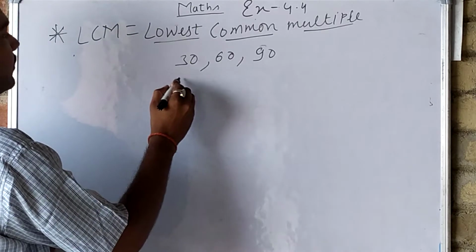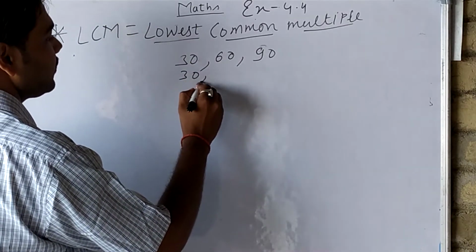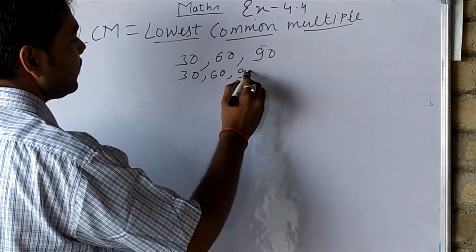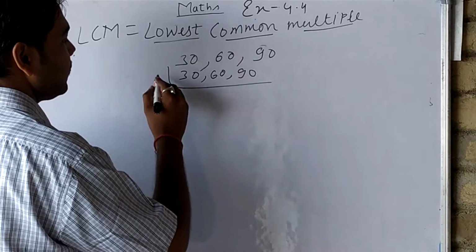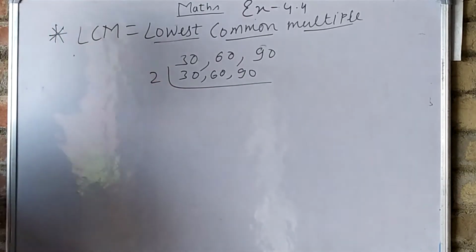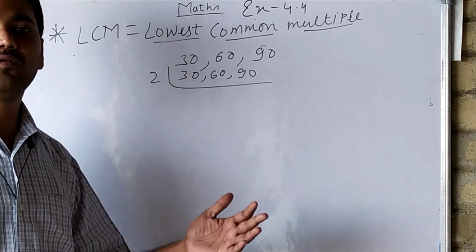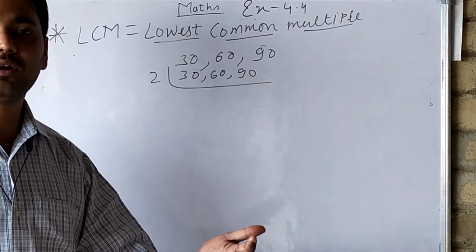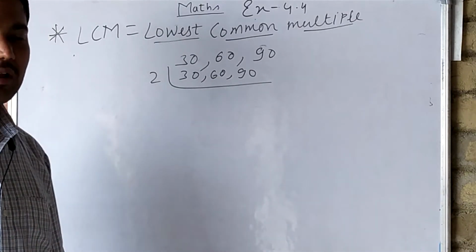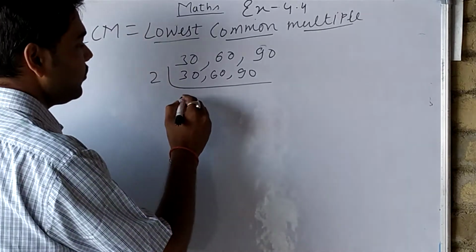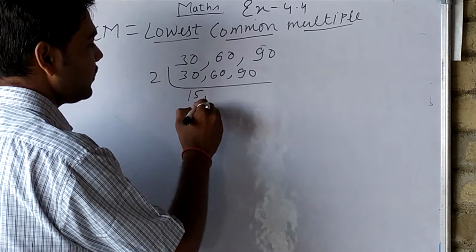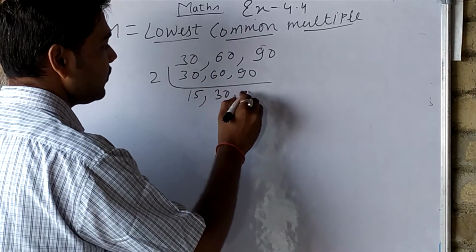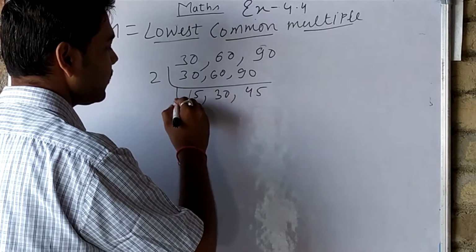So we will try with 2 first, then after that 2 we will take 3, then another number. 2 15s are 30, 2 30s are 60, 2 45s are 90.